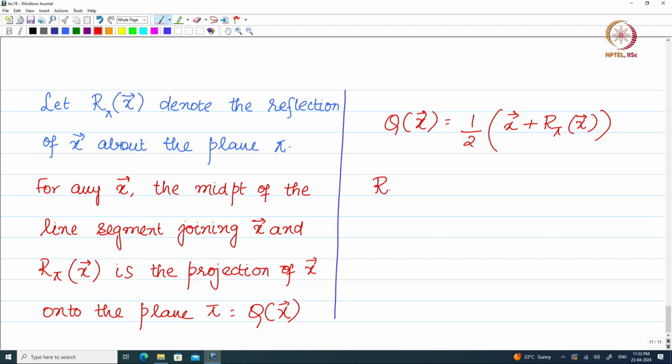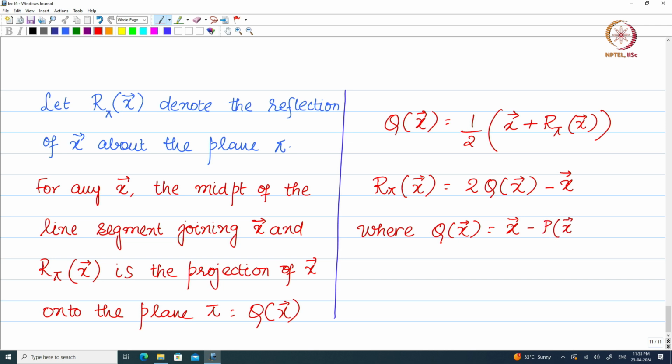Therefore, r pi of x is nothing but 2 times q of x minus the vector x, where q of x can be found out as x minus p of x, where p of x is basically the projection of the vector x onto the normal to the plane pi, which is passing through the origin.